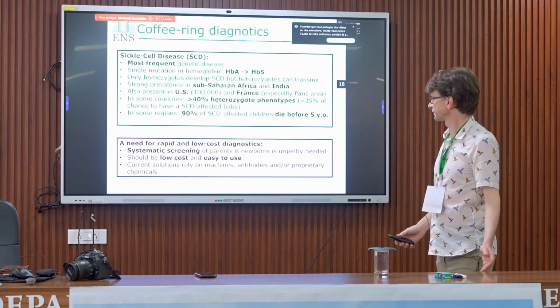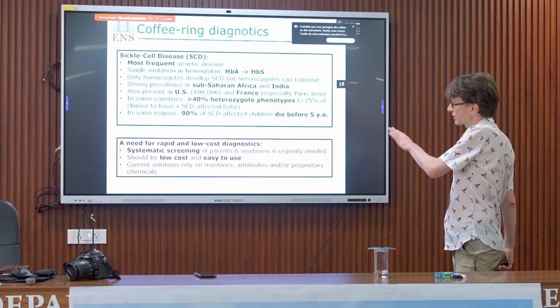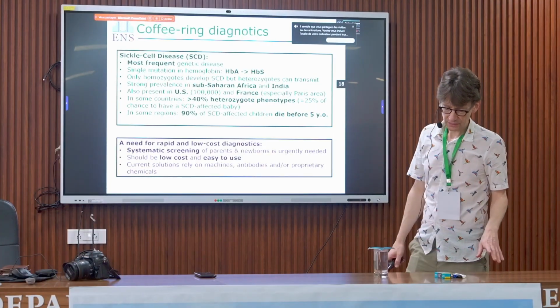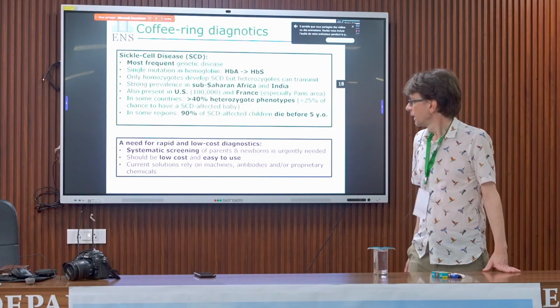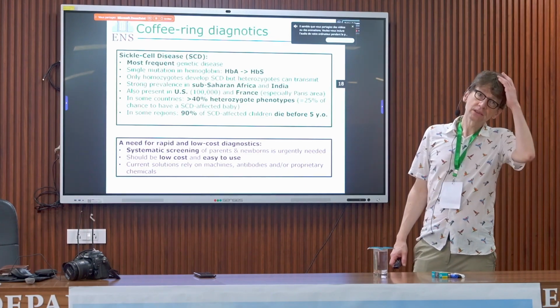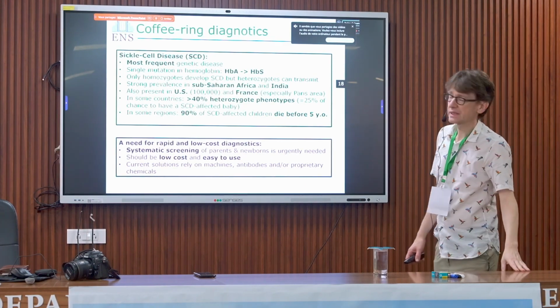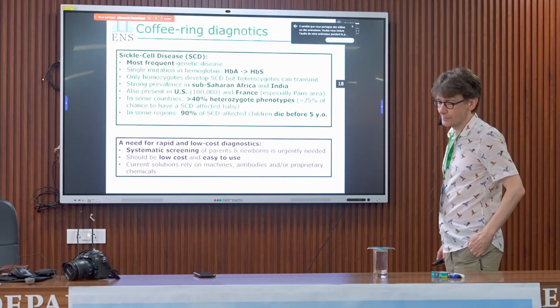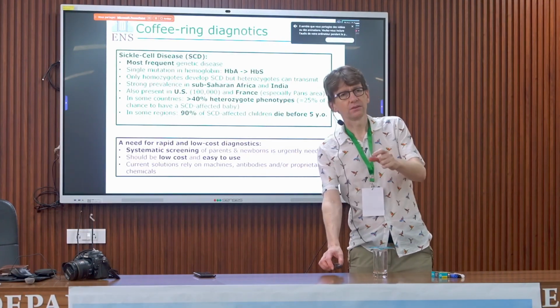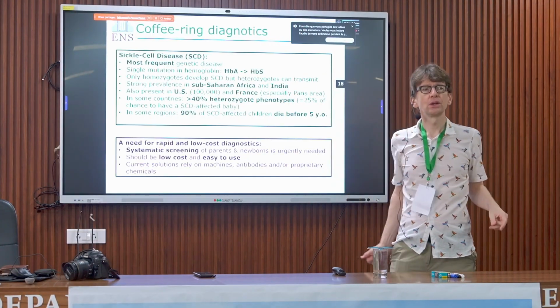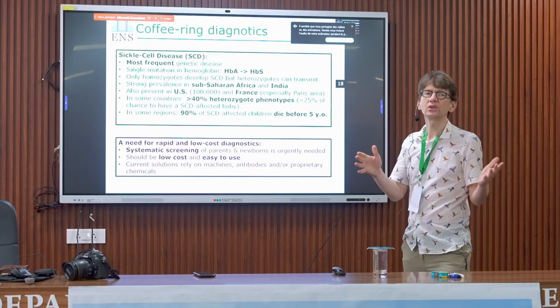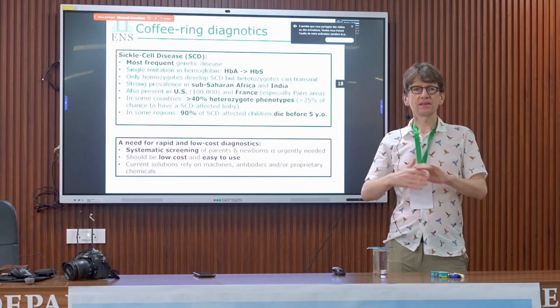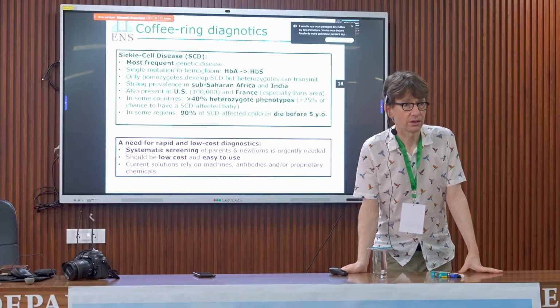The problem is that most testing solutions are distributed by diagnostic companies, and they make profit from it. And these diagnostics are very expensive. The cheapest ones are kits, like for COVID tests or whatever. But this is already a few dollars. At a few dollars, you cannot make systematic screening at the scale of a country.